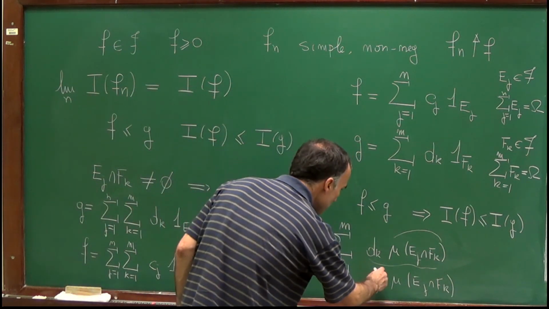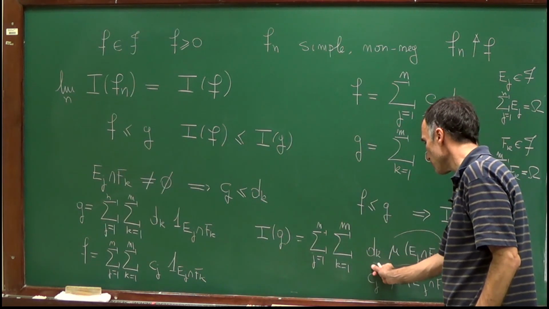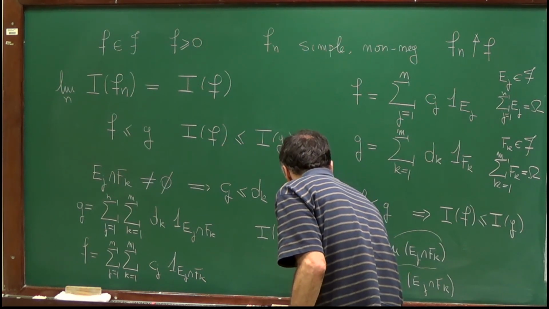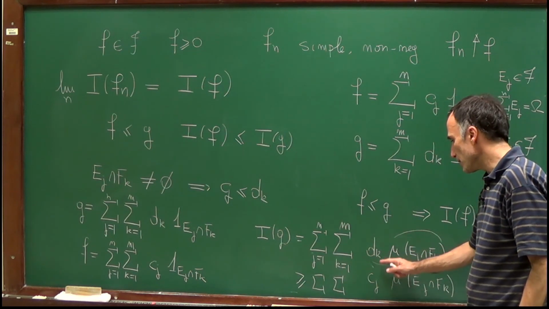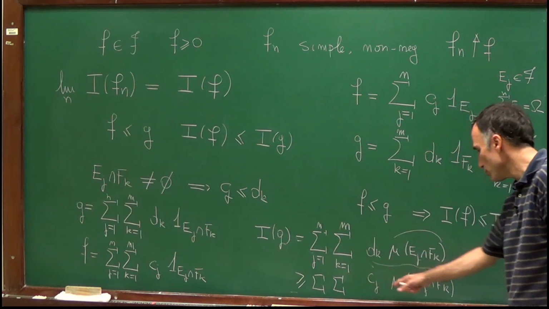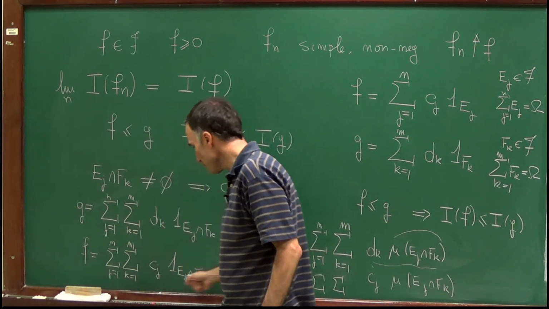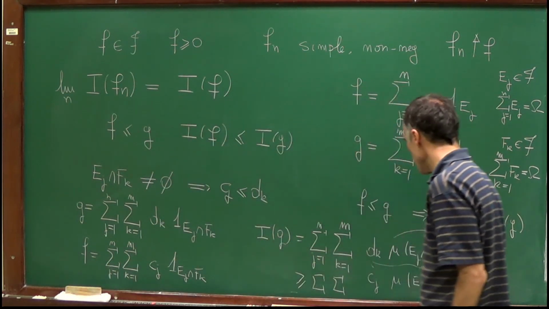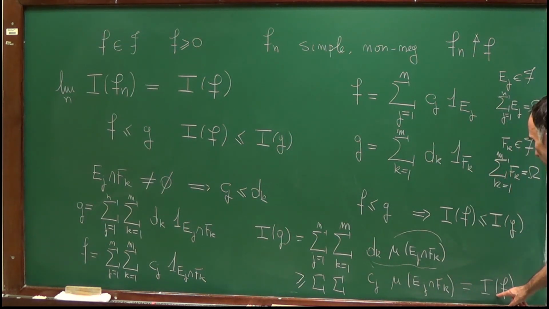So in this case dk is greater or equal than cj, and therefore this sum is greater or equal than the sum we obtain by replacing dk with cj. Once we replace dk by cj, we see that this sum corresponds to the integral of f when f is represented in this way. So this is equal to I of f, and therefore I of f is indeed less than or equal to I of g, as I claimed.